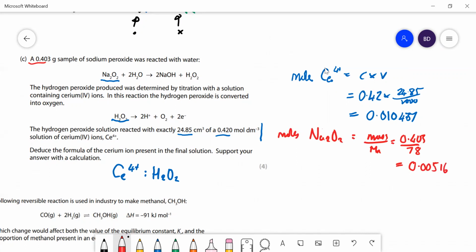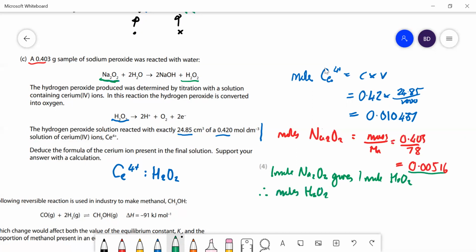Now let's look at the equation. It shows us here 1 mole of sodium peroxide gives us 1 mole of hydrogen peroxide. So the moles of hydrogen peroxide, therefore, are the same as that: 0.00516.